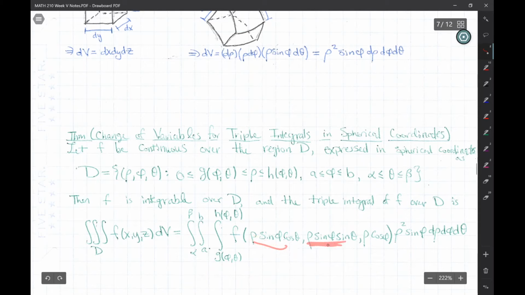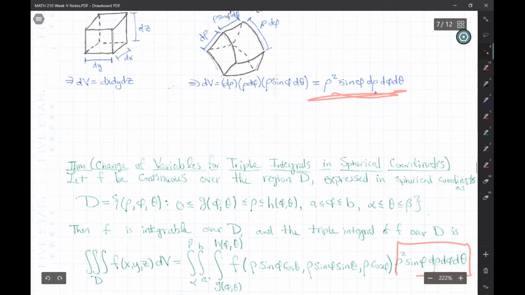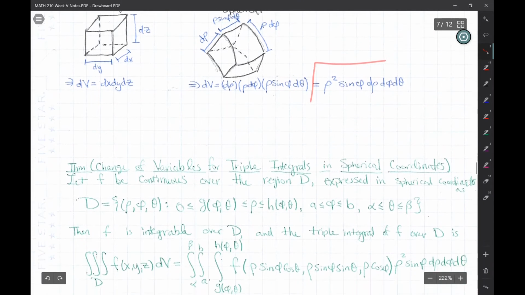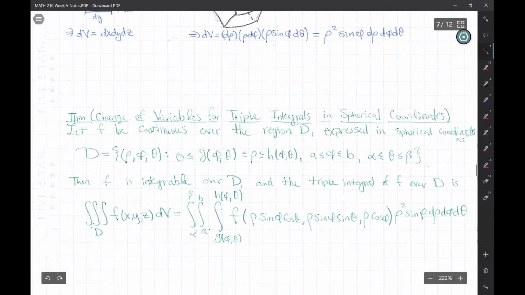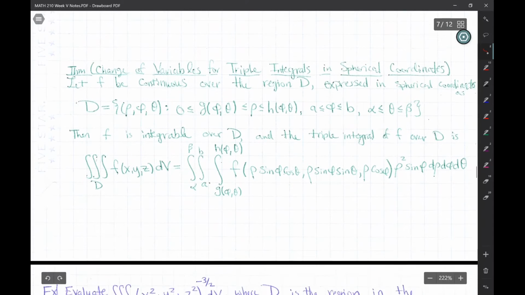Wherever one sees a y, they plug in this expression. And wherever one sees a z, they plug in this expression. And what is this part coming from? Well, that is the volume element that we obtained an expression for above. And of course, this expression is accurate in the limit that delta goes to 0, that these volumes become infinitesimal.